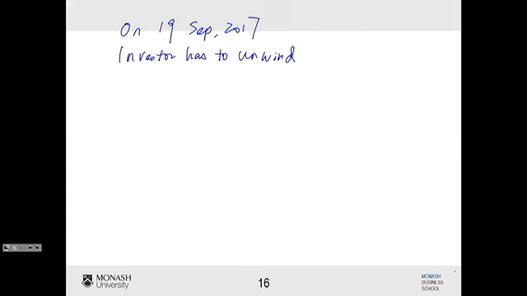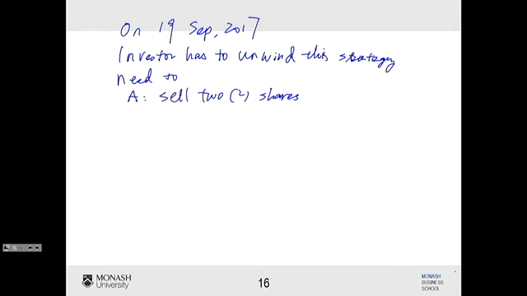I'm going to explain this unwind strategy, right? By doing what? Originally, the investor bought 2 shares. Need to sell 2 shares of the unlevered firm.